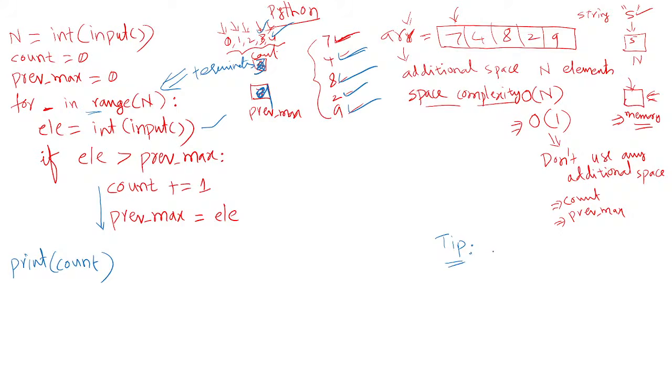Many students print the output with a message like "count of elements" and then the count value. Then the output prints something like count is equal to 3, but the actual expected output is just 3.